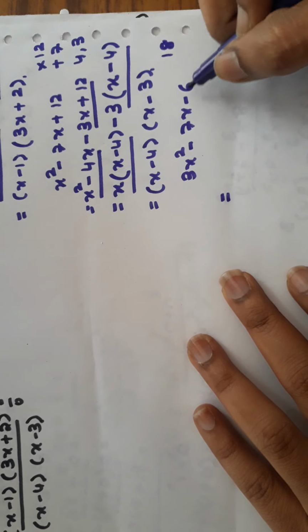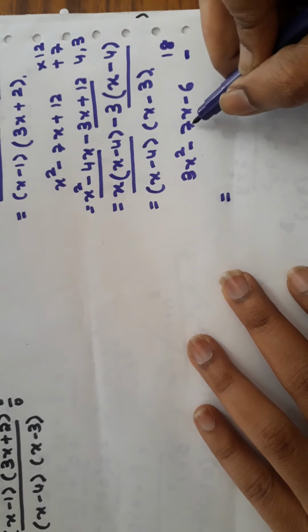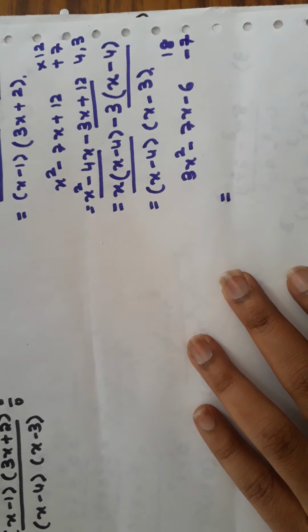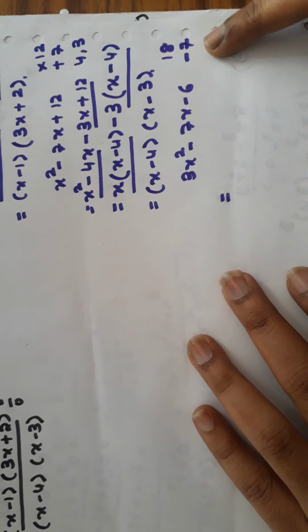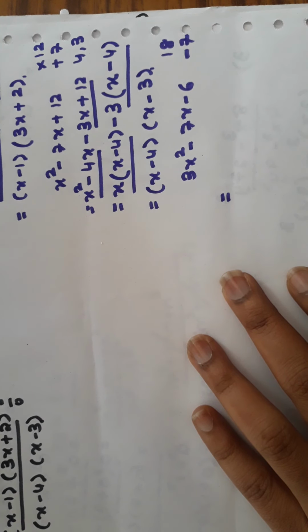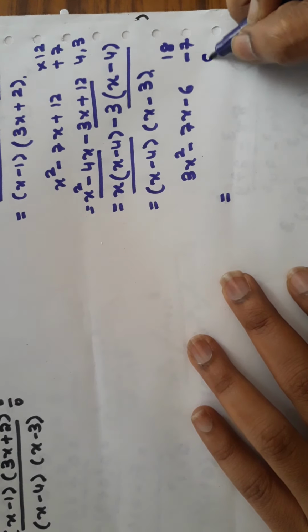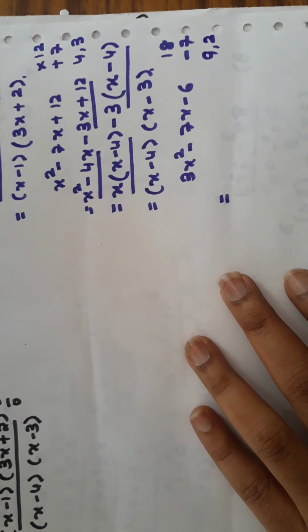The sign is minus and the coefficient of the middle term is 7. Two numbers which on multiplication give 18 and on subtracting give 7: 9 and 2. 9 × 2 is 18 and 9 − 2 is 7. So the two numbers are 9 and 2.